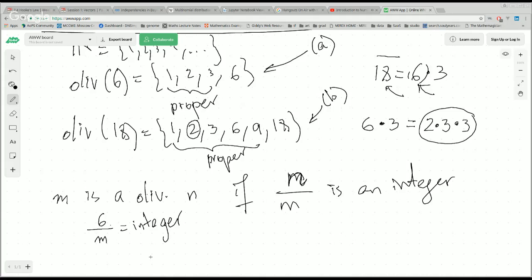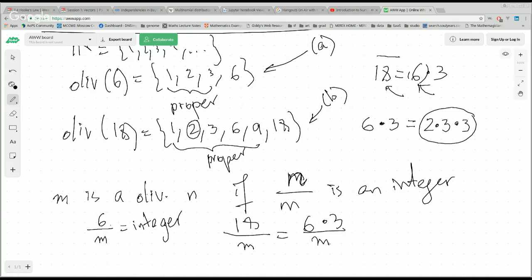Now let's replace 6 with 18, and think about what would happen if I divided 18 by the same m, which represents any of these divisors of 6. To see this clearly, let's rewrite 18 as 6 times 3.